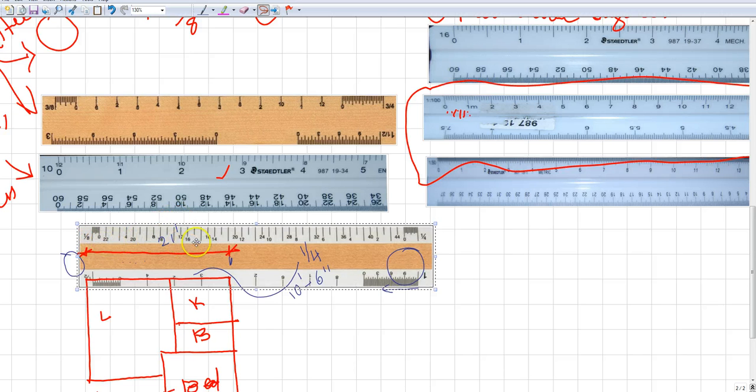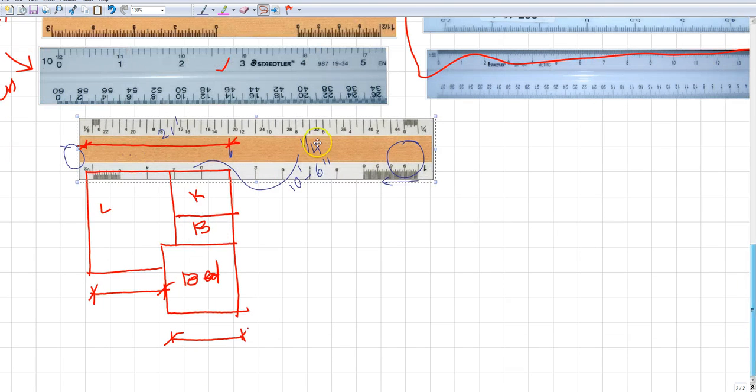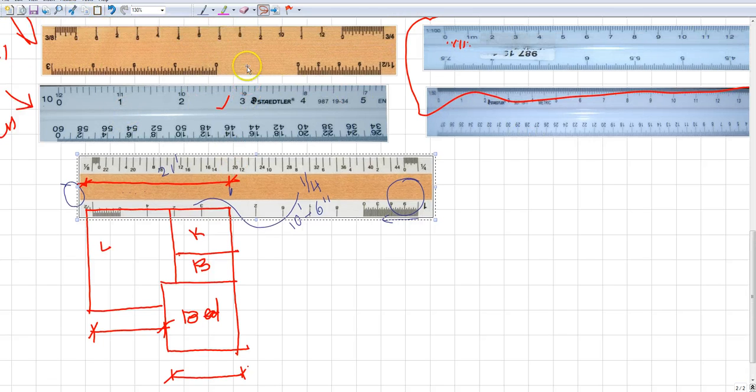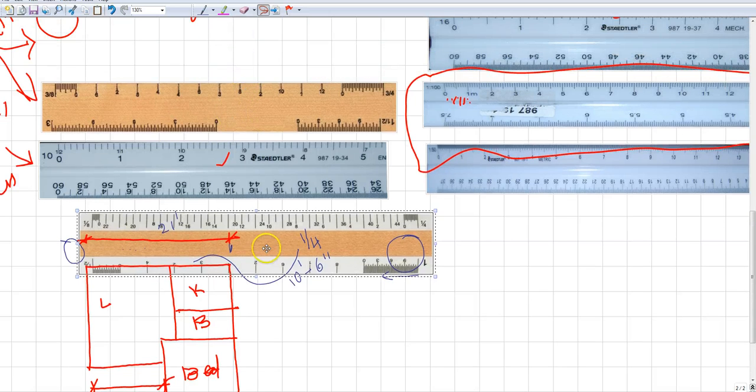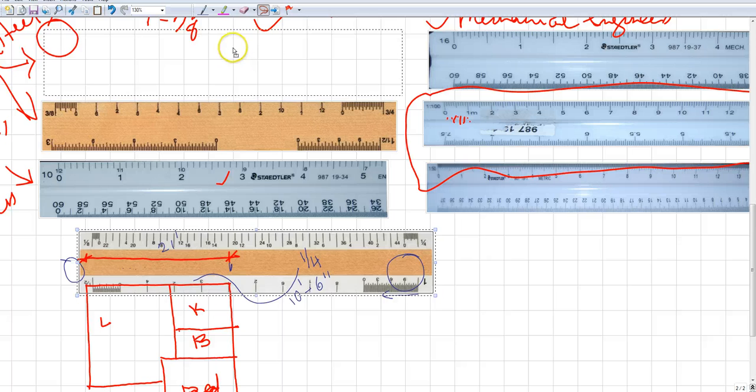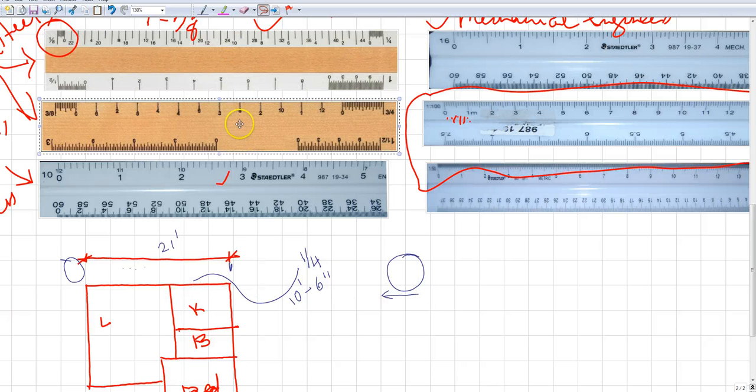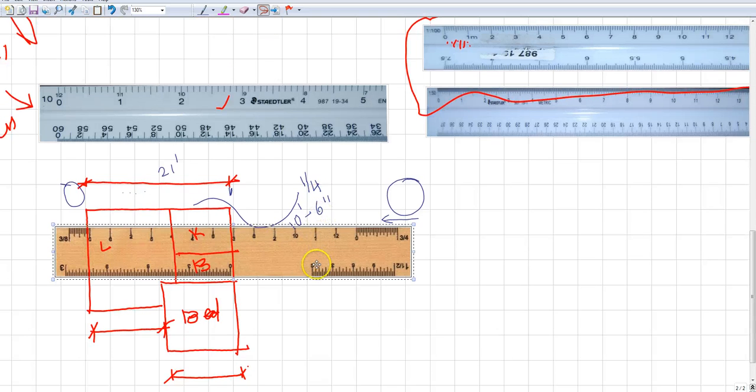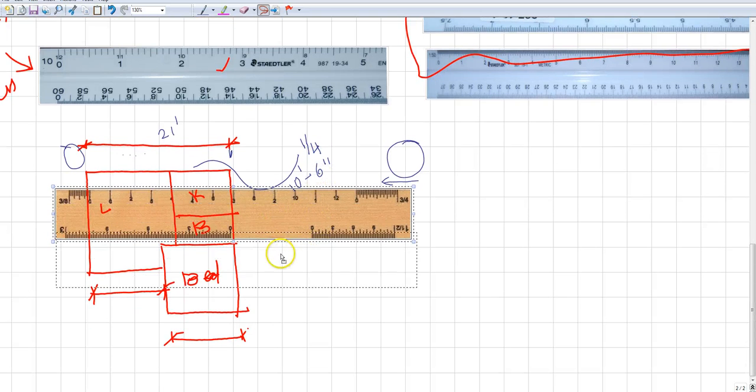So that's how we would use the architect scale. Now let's take a couple more dimensions using the architect scale. Or I could even use the other scale, which is over here. Okay, so let's put the architect scale back and use the 3/8 scale for getting another dimension.